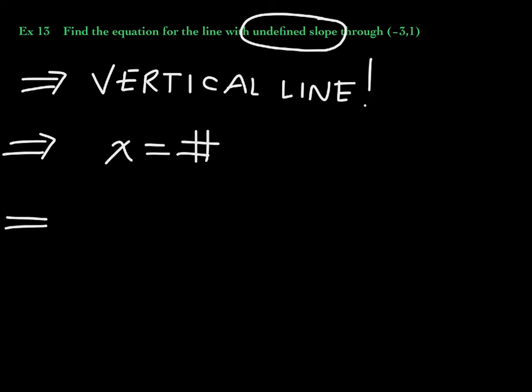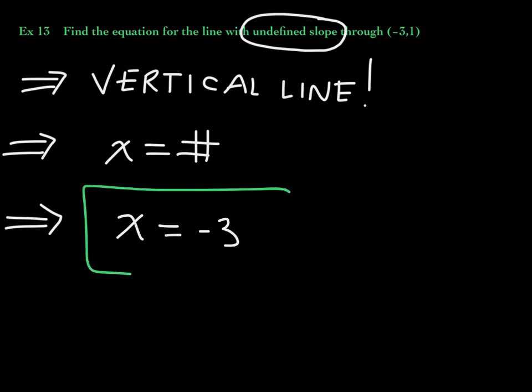Hey, these arrows just mean implies, okay? If it's x equal to just a number, that's what the equation looks like. Well, which one of these numbers are you going to grab? You're going to grab the coordinate that represents x, -3. So then your equation is x equal to -3. Done, right? And it's that simple because you're talking about a vertical line.